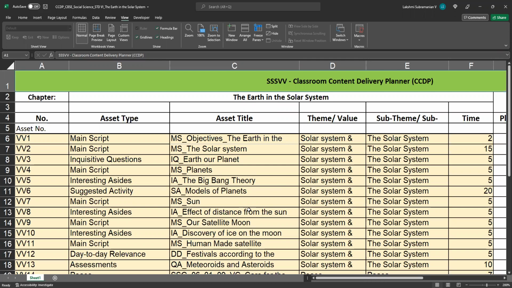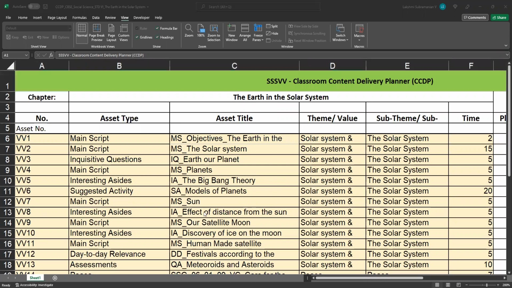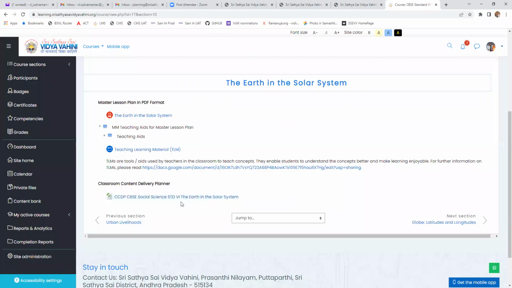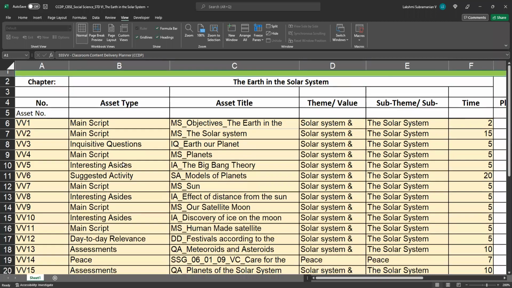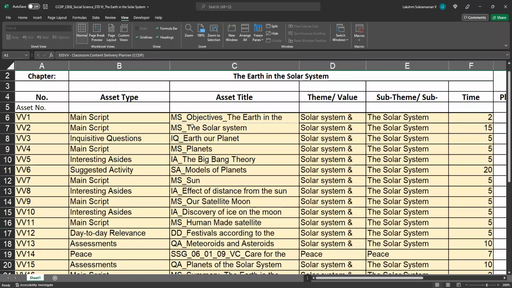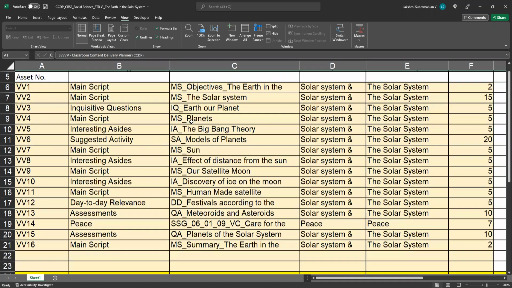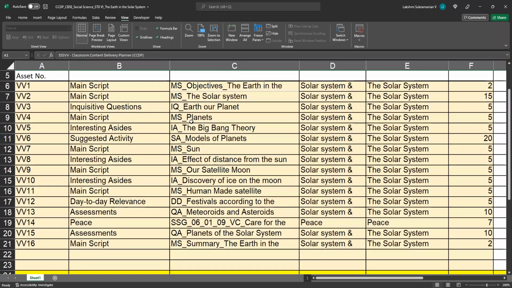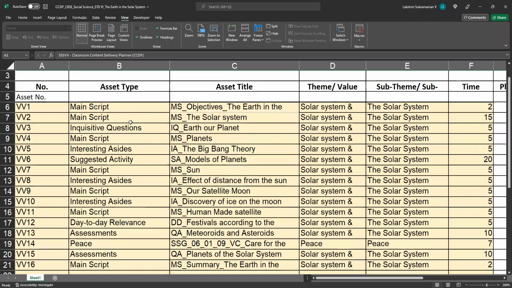Now, when you click on the CCDP in LMS, it downloads the Excel sheet, and this Excel sheet already has all the assets from the MLP listed. It also tells you what is the asset type. These are listed in the same order in which the assets appear in the MLP.